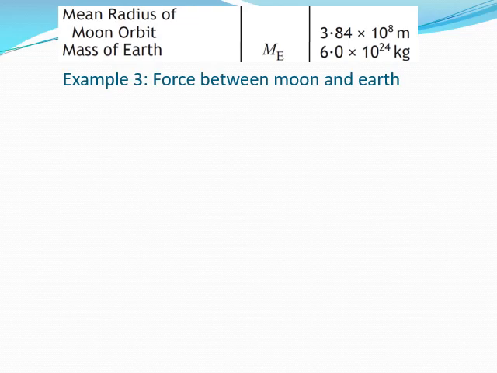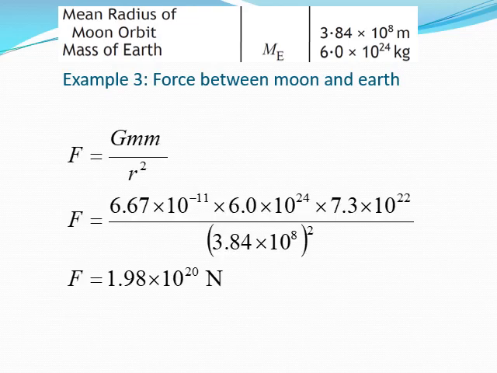Okay, we could also look at the force between the moon and the earth. We know that the moon is a natural satellite of the earth, orbiting it because of the gravitational force between the two objects. We can work out that force of attraction by substituting into Newton's universal law of gravitation.